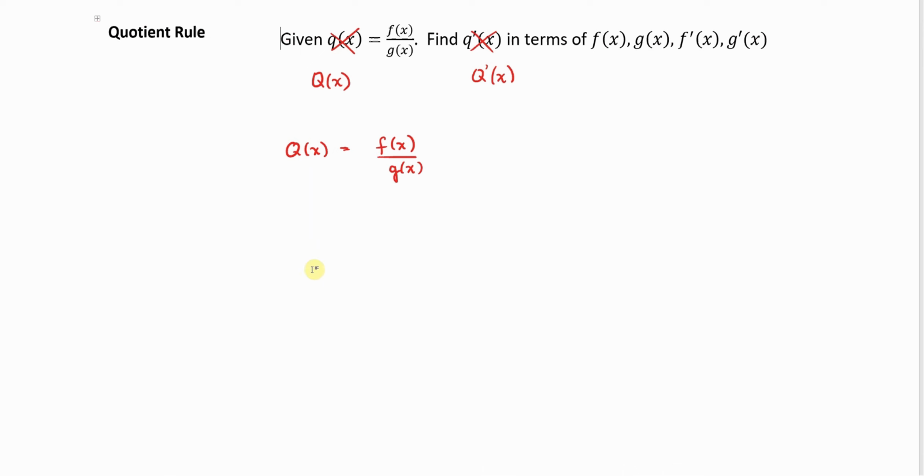And again, I'm not going to use the limit process. What I am going to do is multiply both sides by g. And then notice we have a product written here. So we're going to use the product rule.